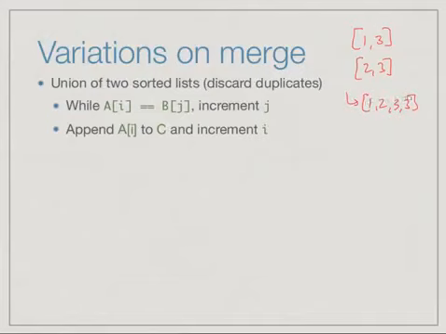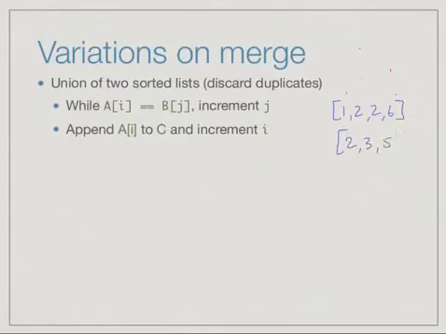On the other hand, we might want to have a situation where we want the union. We don't want to keep multiple copies. We want to only keep one copy. So in the union case, here is what we would do. Let us assume that we have two lists, and in general we could have duplicates within the list. So let's suppose that we have 1, 2, 2, 6 and 2, 3, 5.